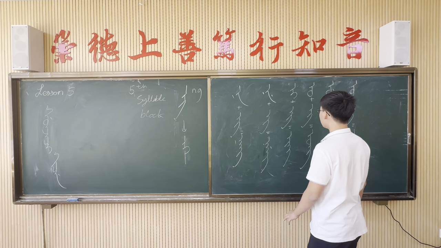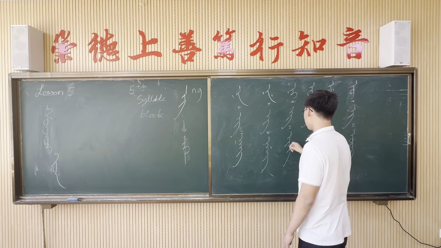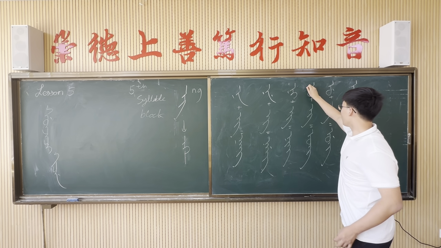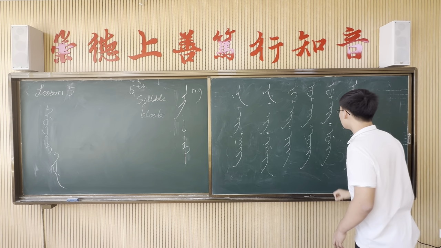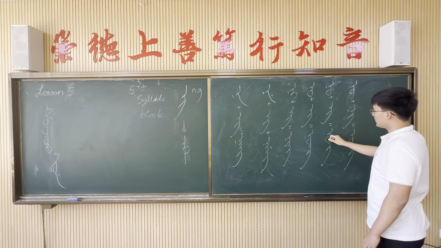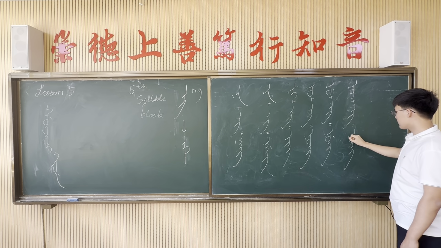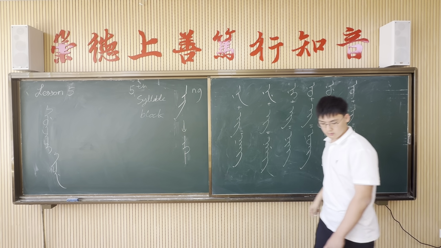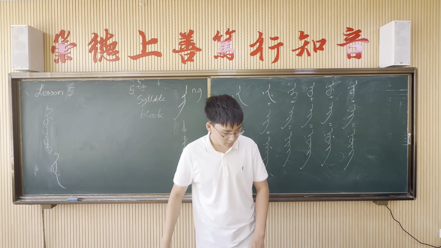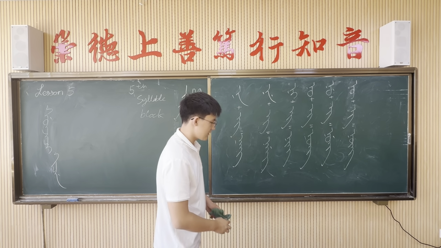Okay, ning, ni plus ng is ning. No plus ng is nong. Nu plus ng is nung. And no plus ng is nuong. Alright?